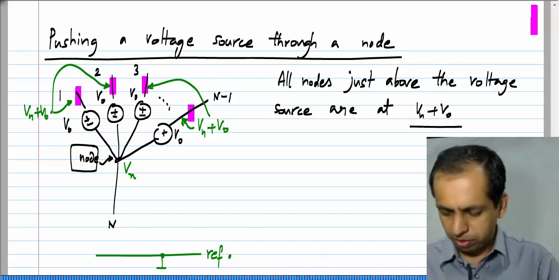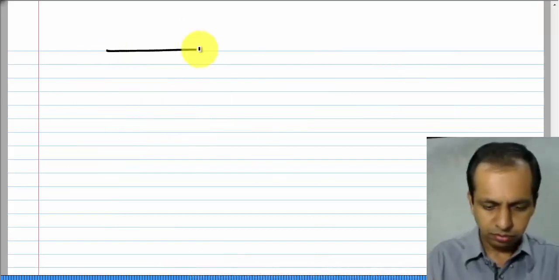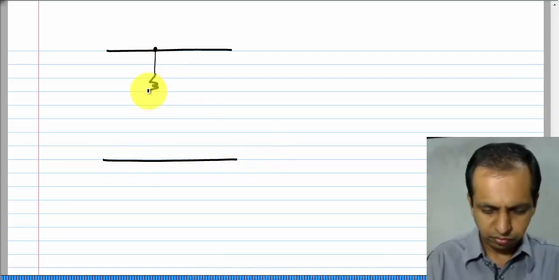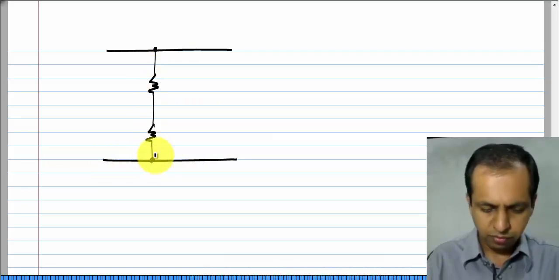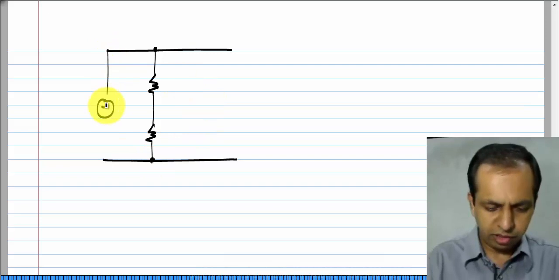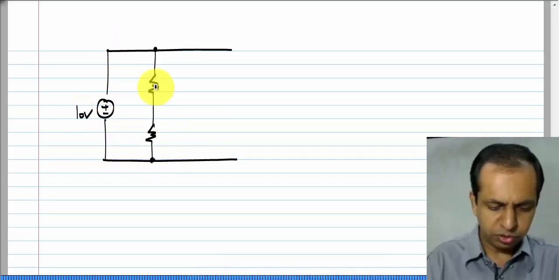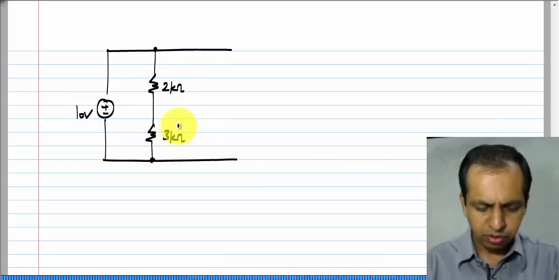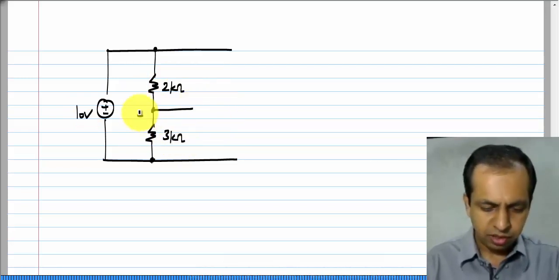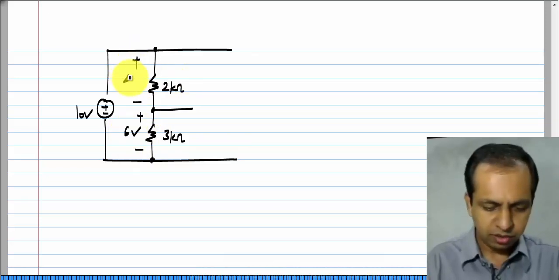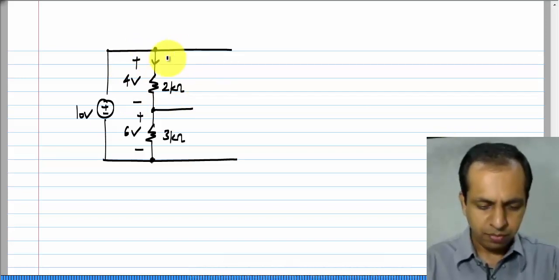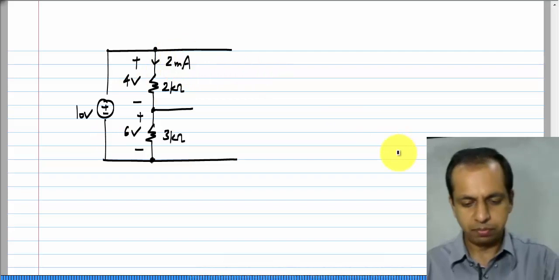So, I will show you an example. Let us say I have a 10 volt source over here, I have 2 kilo ohm and 3 kilo ohm, and you easily see that the voltage across this is 6 volts and the voltage across that is 4 volts, and the current here is 2 milliamperes.